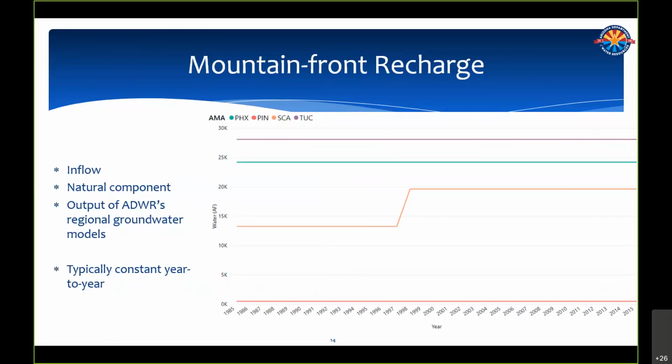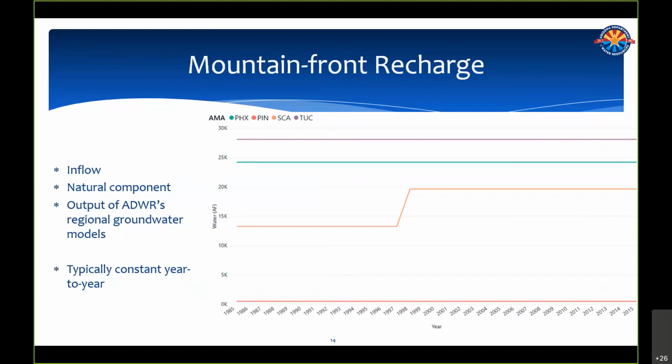Any further explanation there, or any questions? Well, I'll just add that this is an estimated value that is typically done through a steady state analysis before any development, human activity, well pumping.